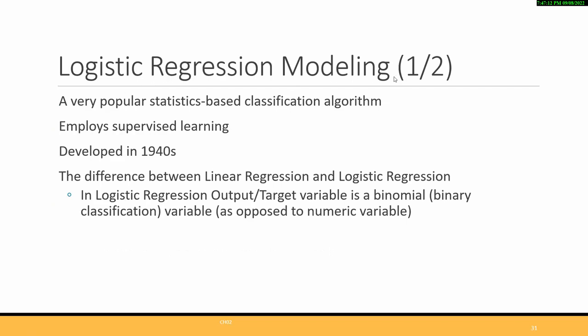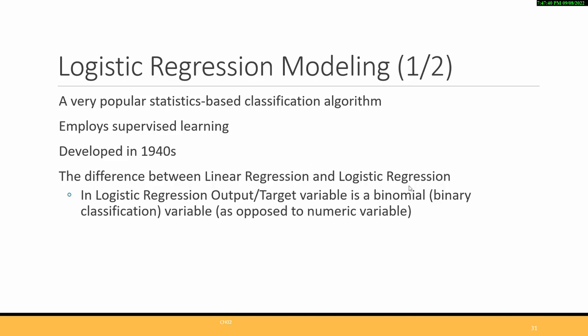Logistic regression modeling is similar to linear regression in that it also aims to regress a mathematical function that explains the relationship between the response variable and the explanatory variable using a sample of observations. It is a popular statistics-based classification algorithm. Now, again, there is a difference between linear regression and logistic regression.